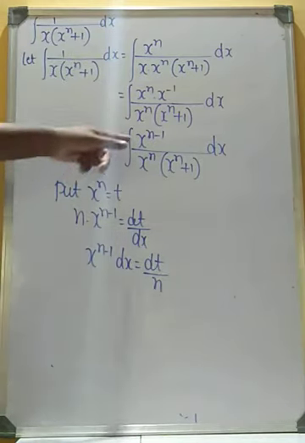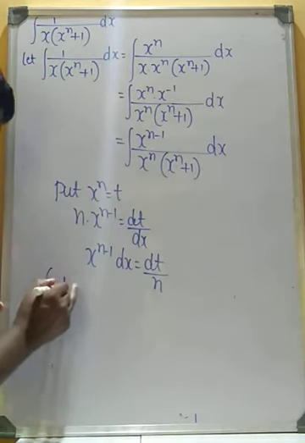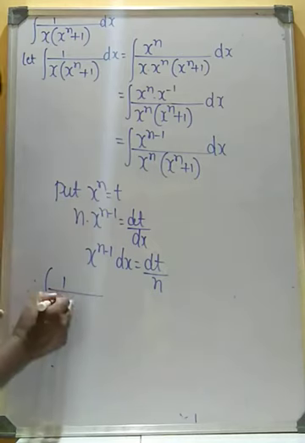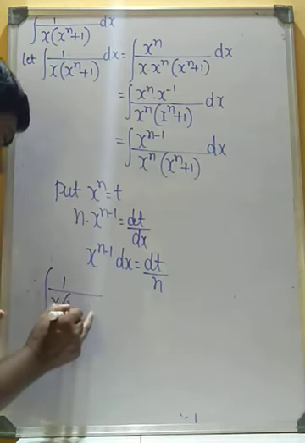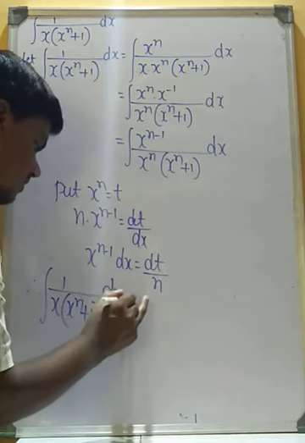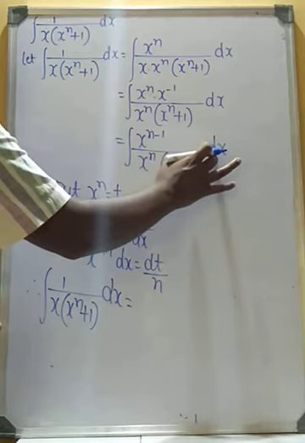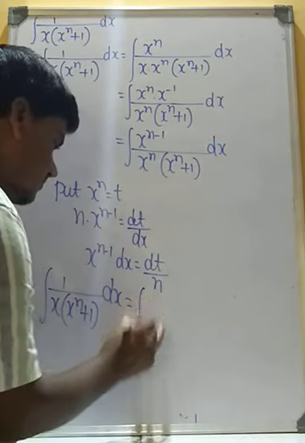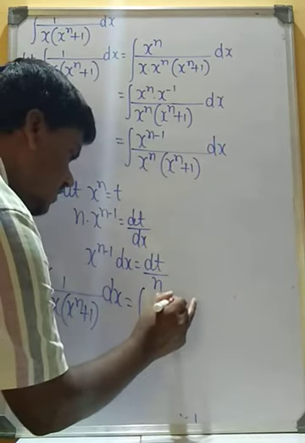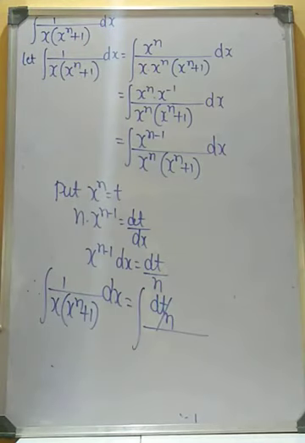So substitute in the given integral. Therefore the integral of 1 dividing by x into x to the power of n plus 1 into dx equals x to the power of n minus 1 into dx, that is dt dividing by n, whole dividing by x to the power of n.